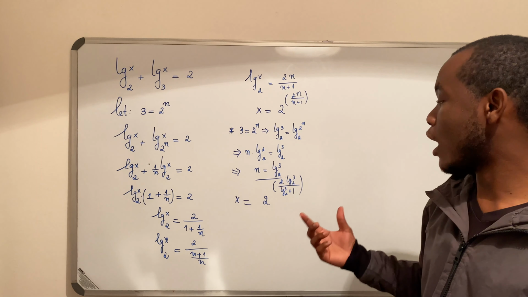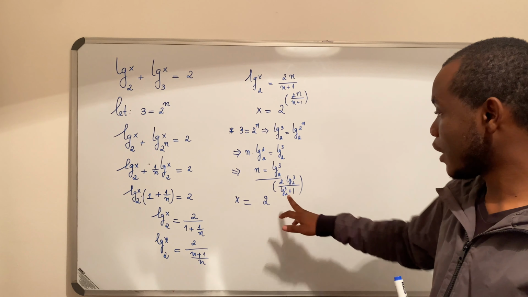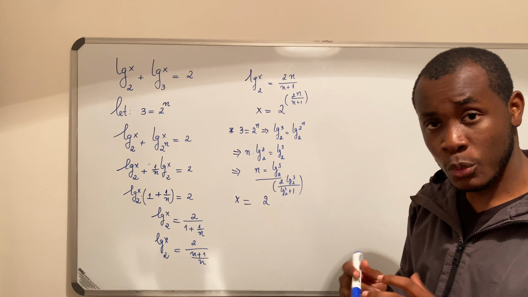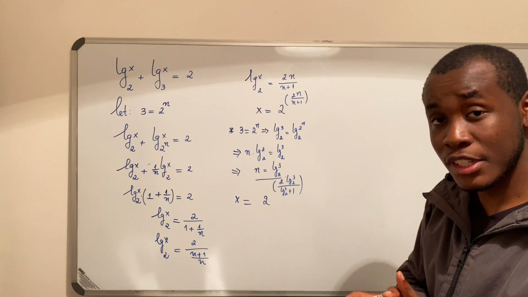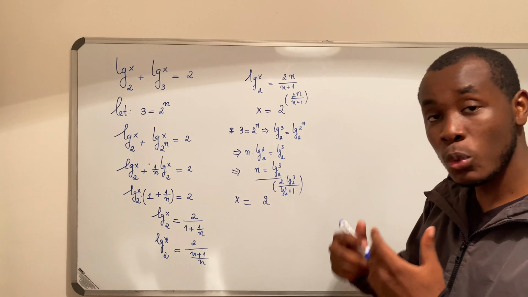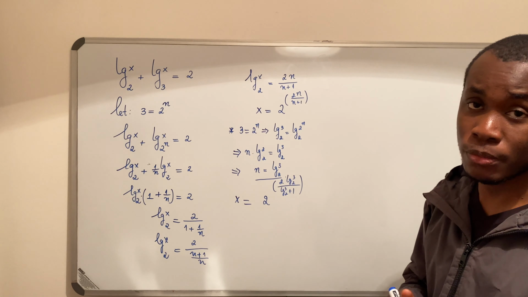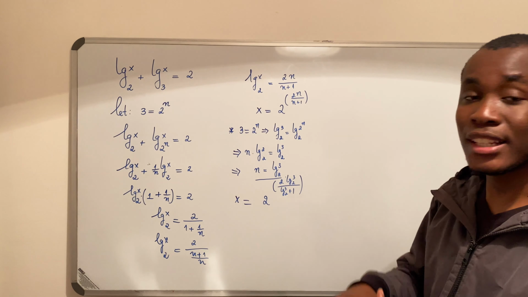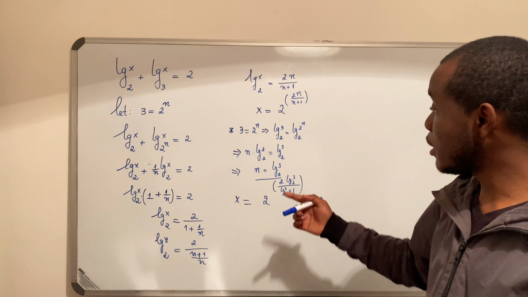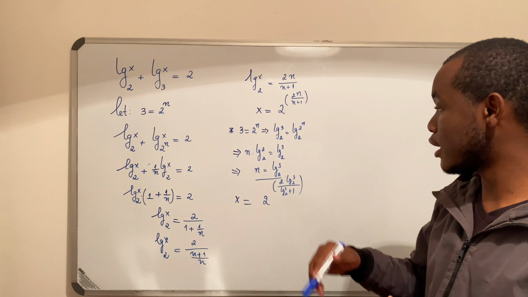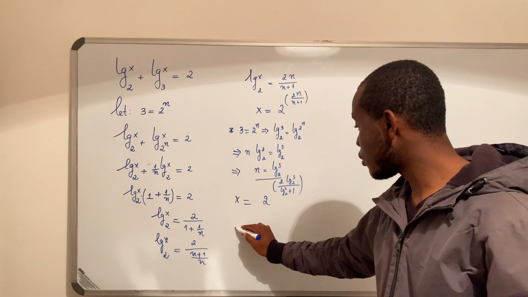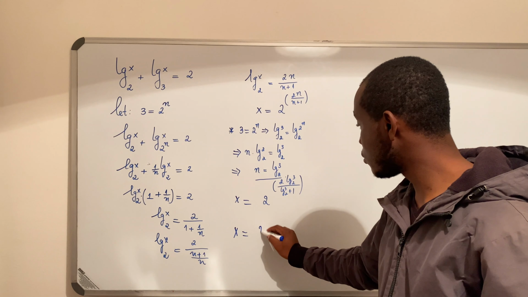So how do we do that? We have 1 here and we have log of 3 to the base 2. Since we know in logarithms we can only add two logs when they have the same base, we have to transform this 1 into a log with the base 2. But we don't need to go far. We know that log of a number to the base of that number is always 1. Since here I have base 2, I can say this 1 is log of 2 to the base 2.